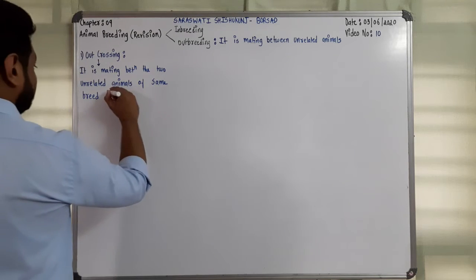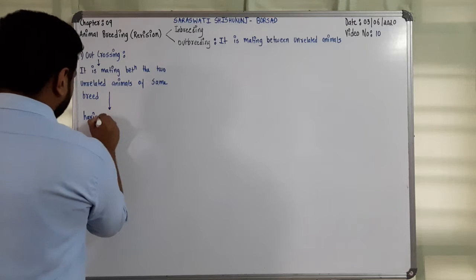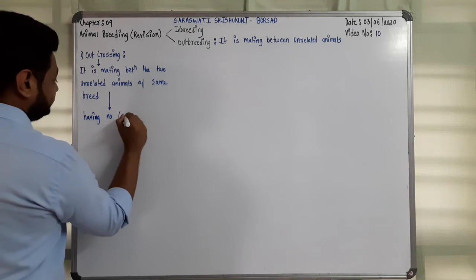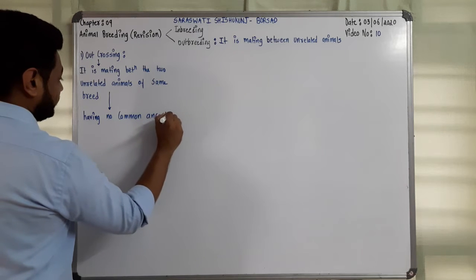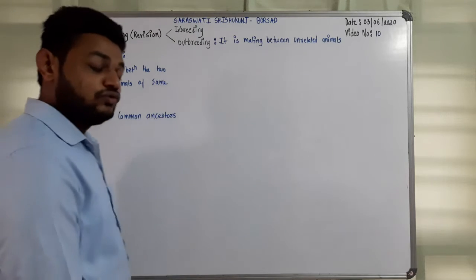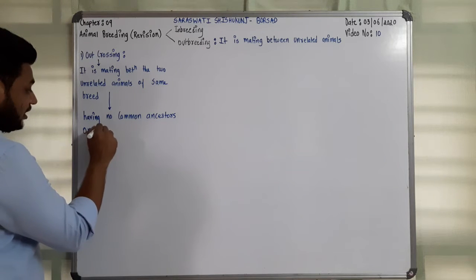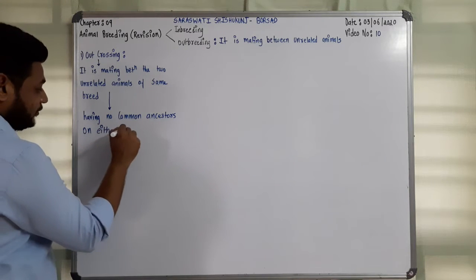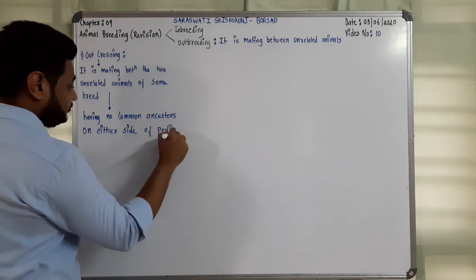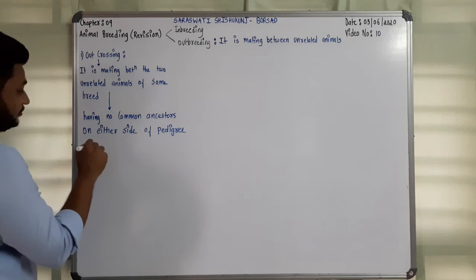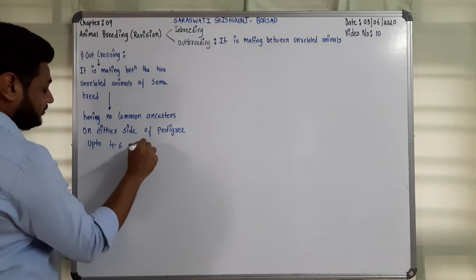So, having no common ancestors on either side of the pedigree, up to 4 to 6 generations.